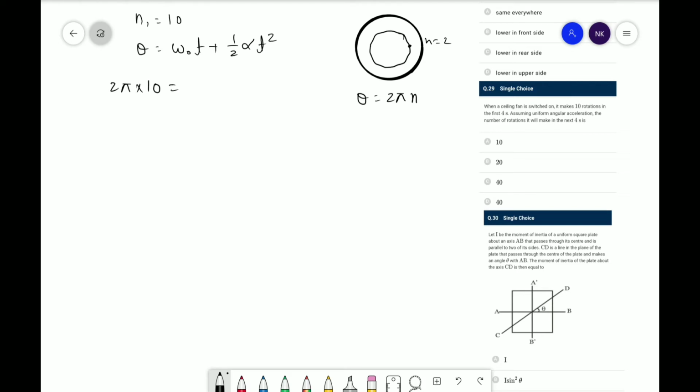The initial angular velocity is 0, hence omega naught into t is 0, plus 1 upon 2 alpha, and t is given as 4 seconds, hence 4 square means 16. Therefore 2 eights are 16. Now alpha will be equal to 20 pi upon 8.